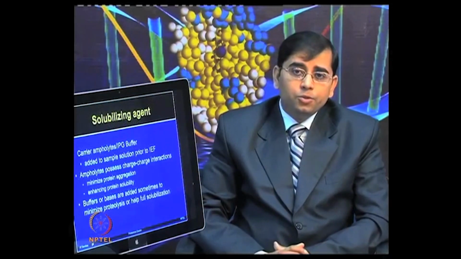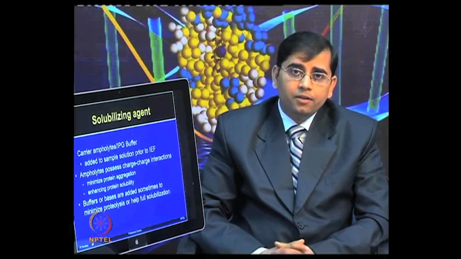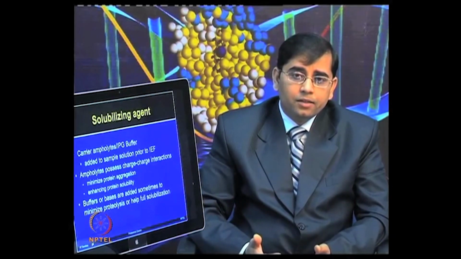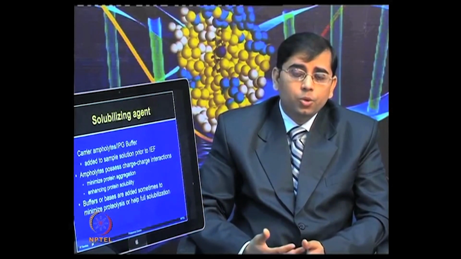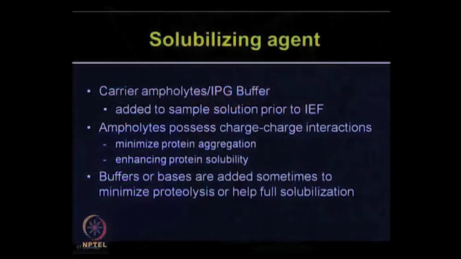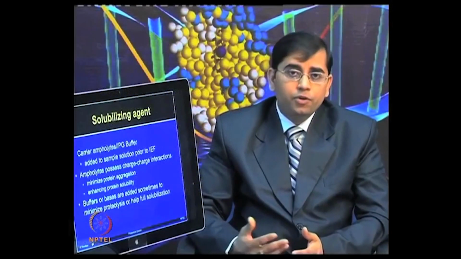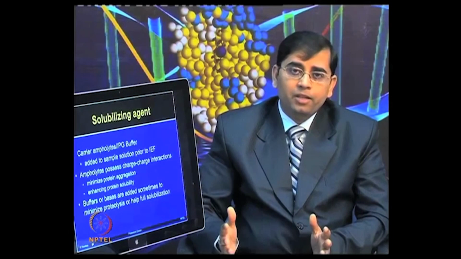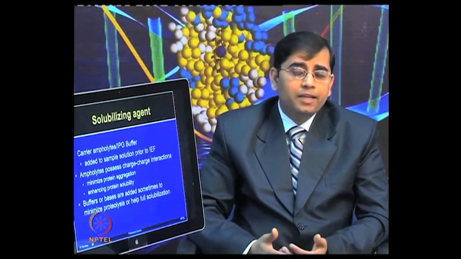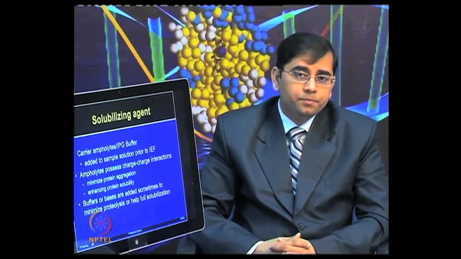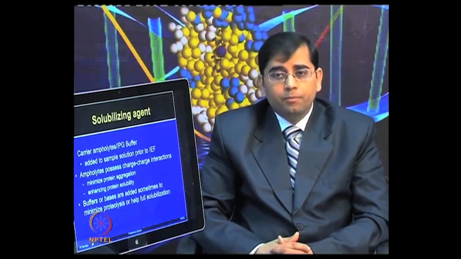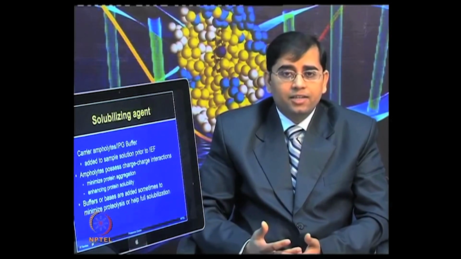If your aim is to perform isoelectric focusing from your samples, the solubilizing agent should include carrier ampholytes or immobilized pH gradient buffers. These are added to the sample solutions prior to the isoelectric focusing step, which we will talk about in the next lectures on the different steps involved in a gel based proteomics experiment. The ampholytes possess charge to charge interactions.